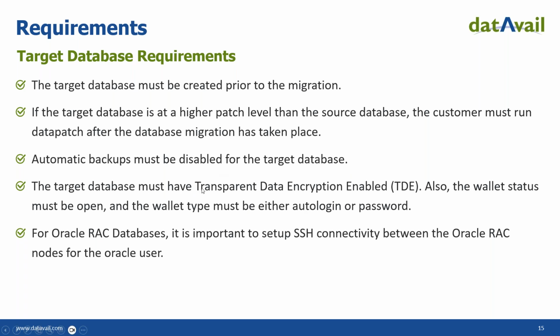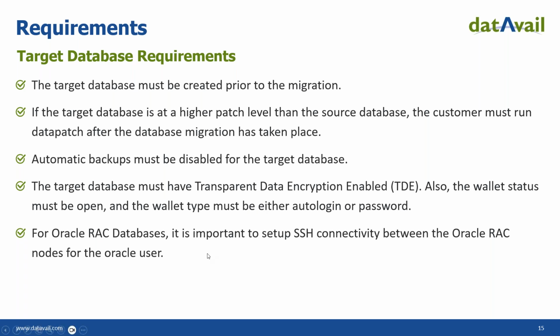And on target databases, 100% of the time when you use bare metal, Autonomous, and Exadata, TDE is already configured and has everything that is required. But when you use VM, we do this part manually. So if we are using target databases on VM, then we need to create the wallet and configure TDE there before we migrate.